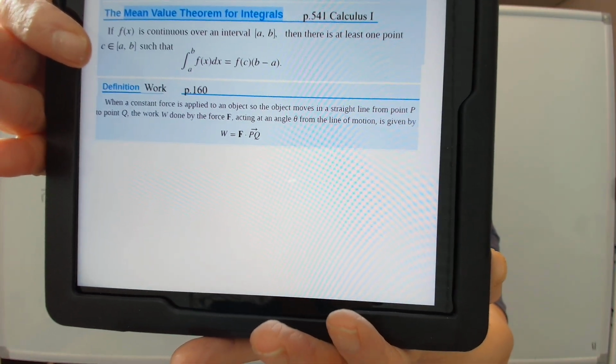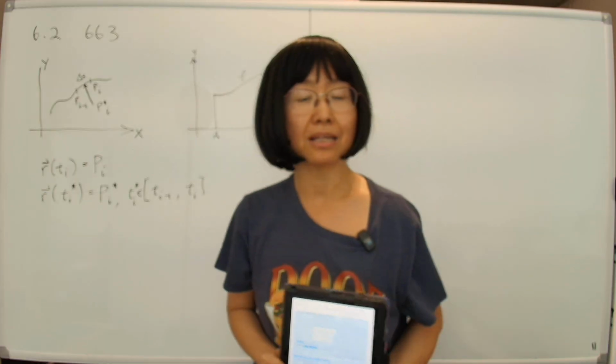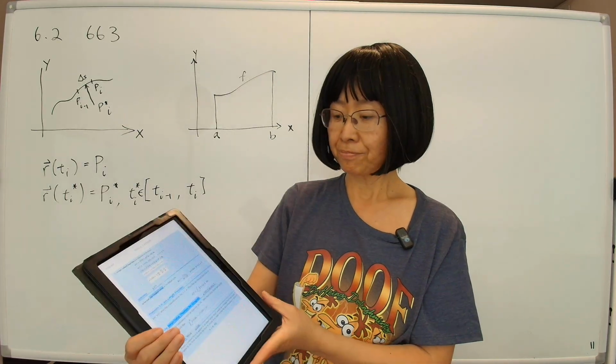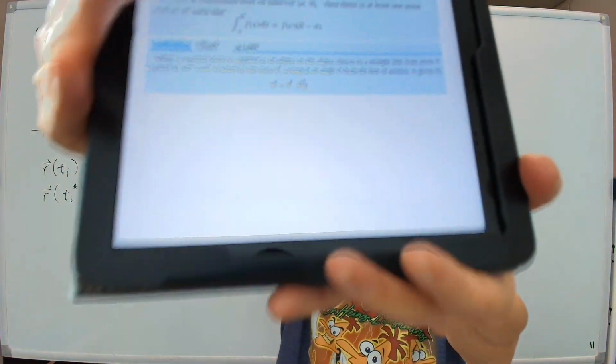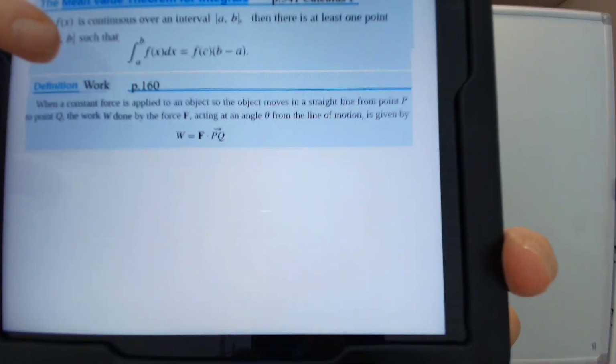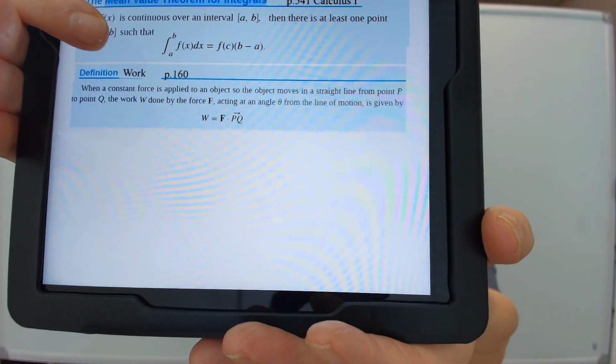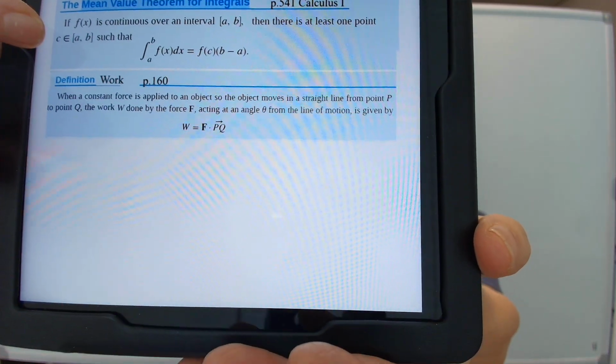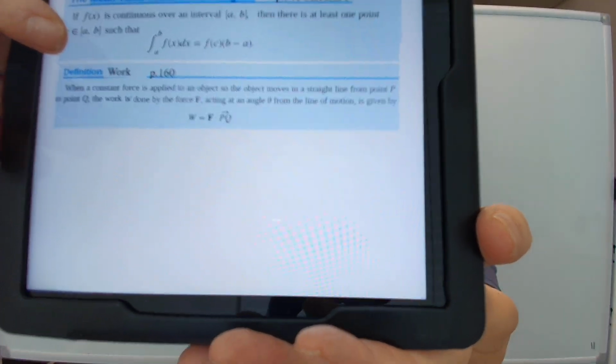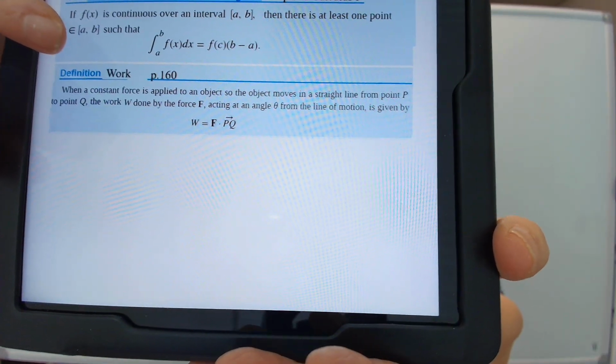That has something to do with the average. But just memorize this equation for this section: the integral of f from a to b is equal to f of c times b minus a, for some c inside a, b.